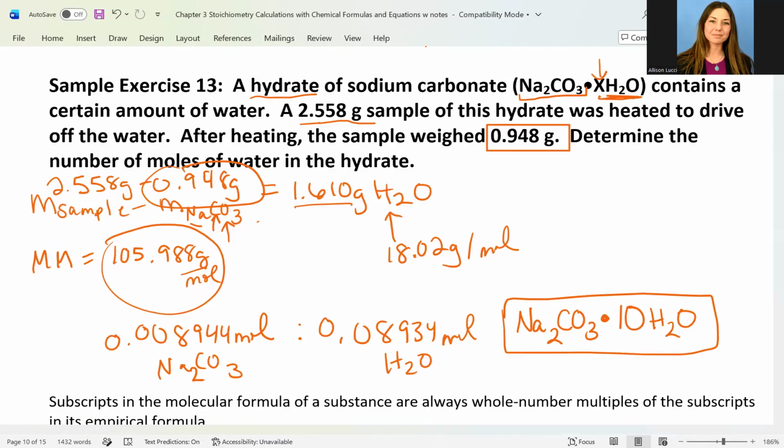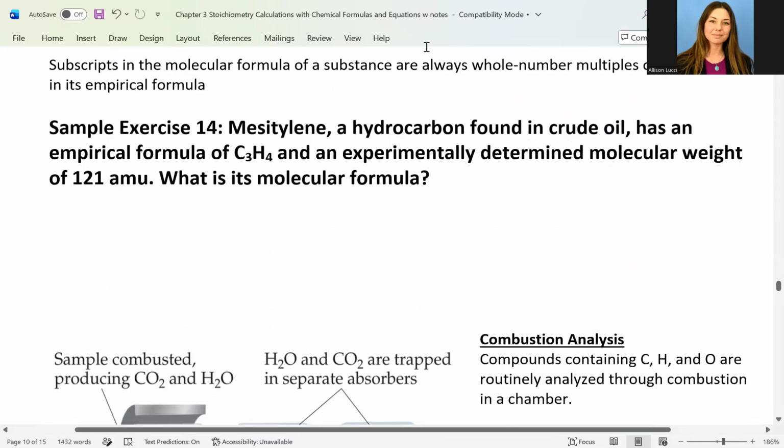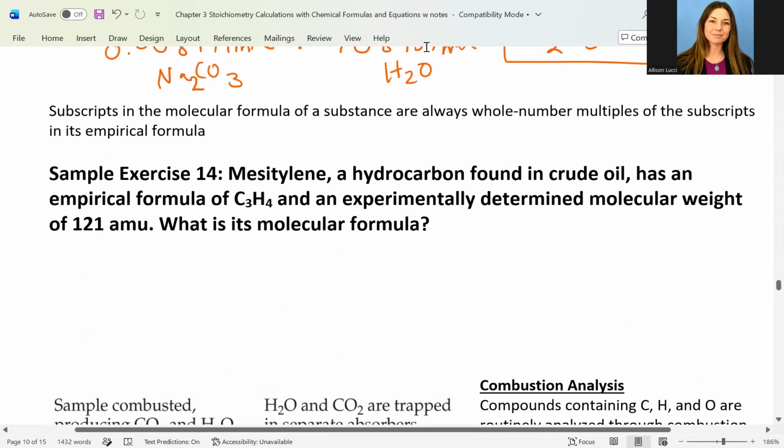And let's take a look at another example here that utilizes empirical formulas. And in this sample exercise 14, we have this compound here, which is a hydrocarbon that's found in crude oil. And we're told that it has an empirical formula, so its lowest whole number ratio of carbon to hydrogen is C3H4.